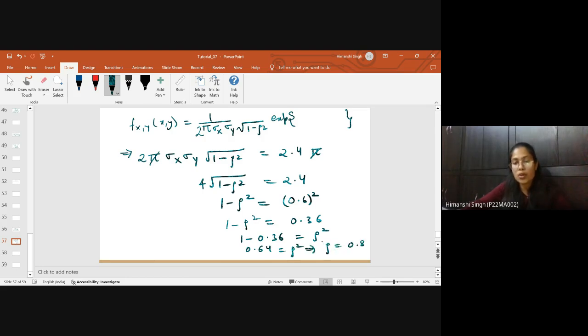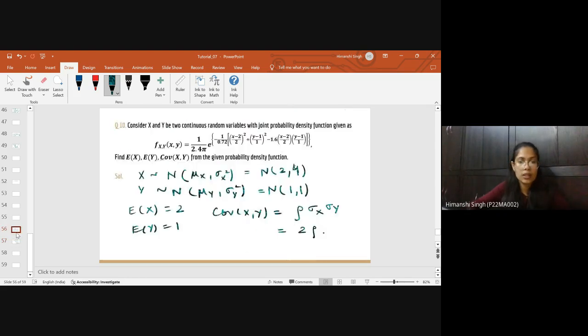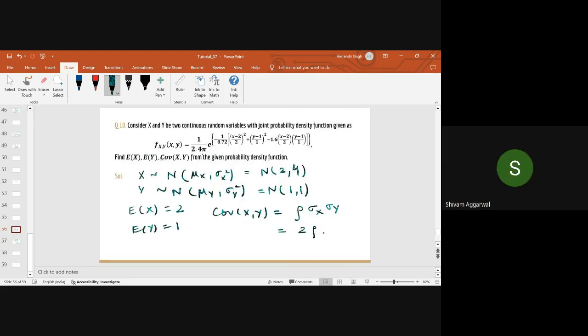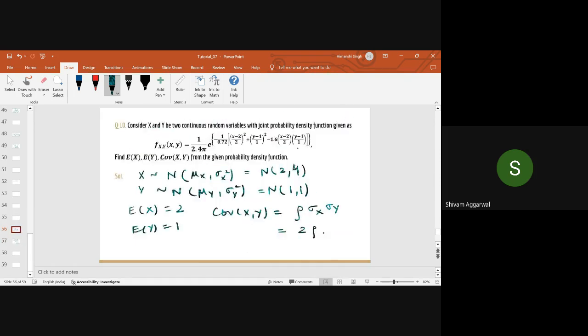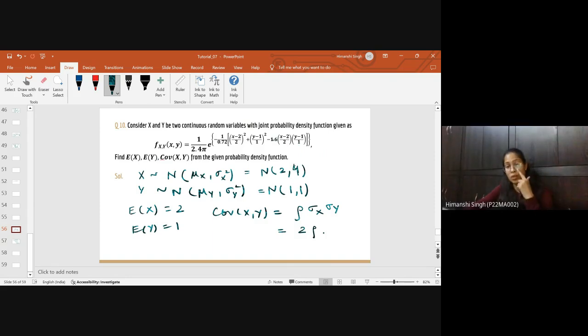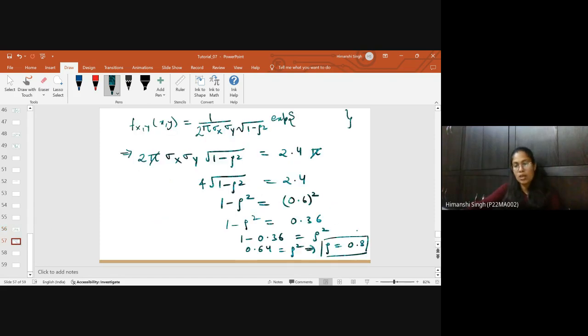And it is positive because in the exponent it is minus 1.6. If it would have been positive there, then it would have been negative. Because it is minus 1.6, that's why we will take it as a positive quantity.